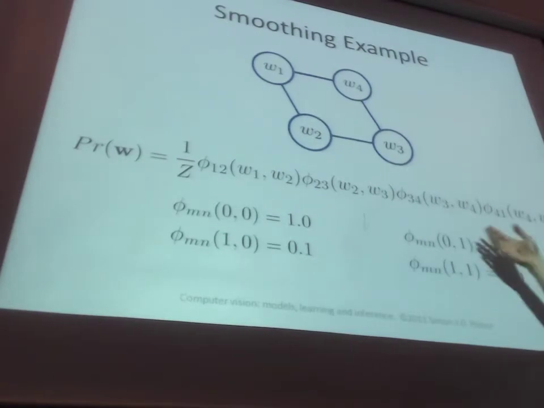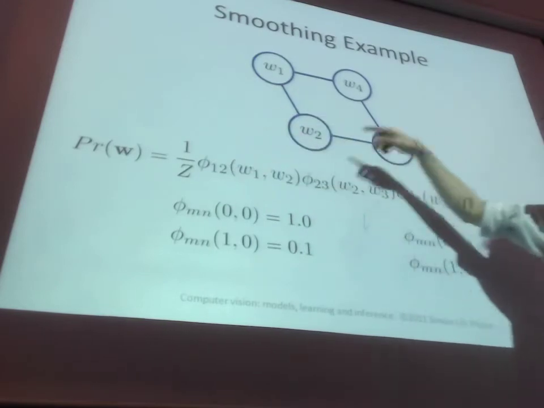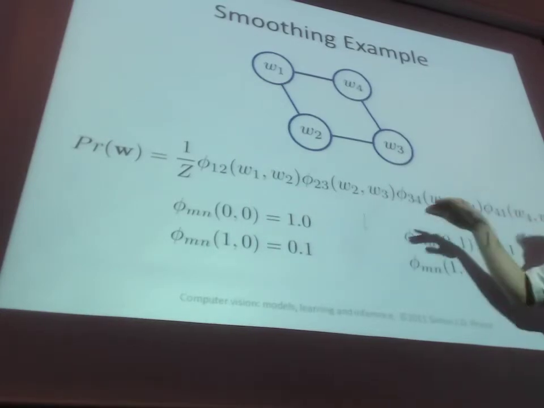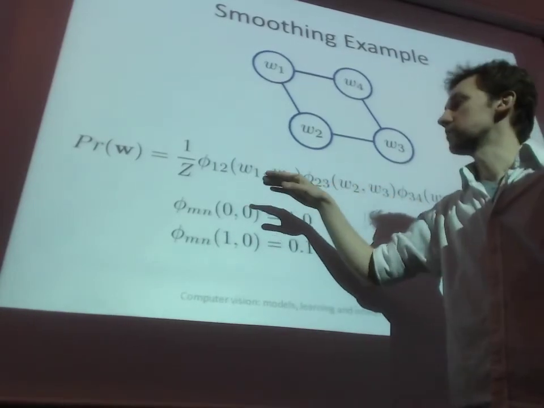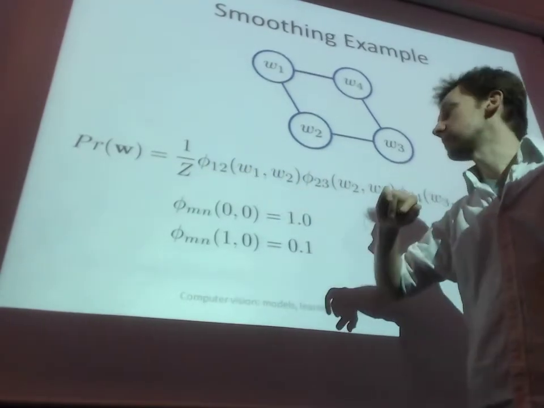And so we know the probability of this bold W, because we're looking at W1, W2, W3, and W4, the joint probability of all 4 W's. It's going to be equal to this. Now, we've already done this with the chains and the trees. Sometimes we will be learning these potential functions, sometimes we'll be handed them.